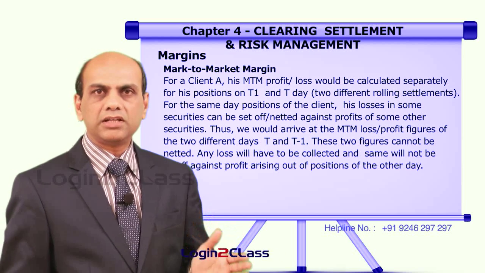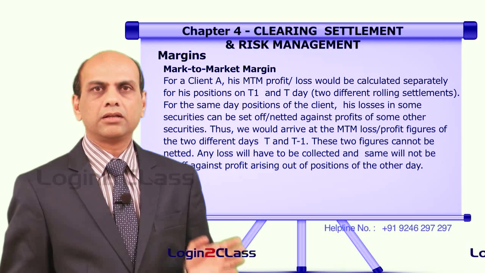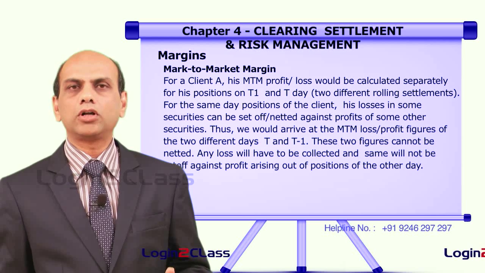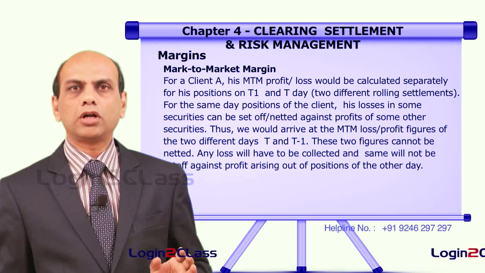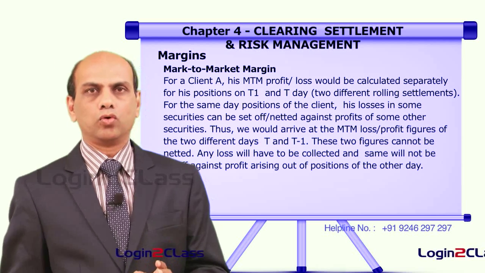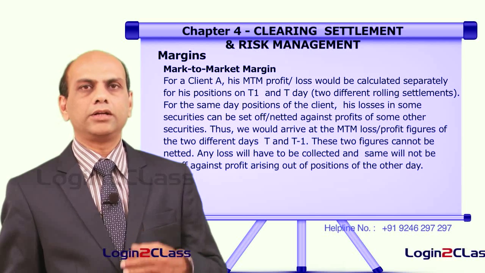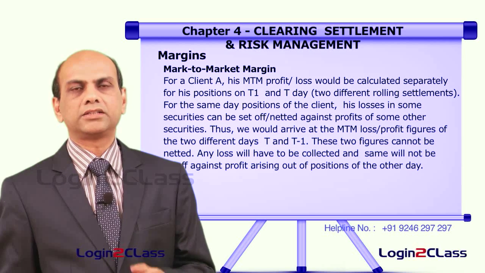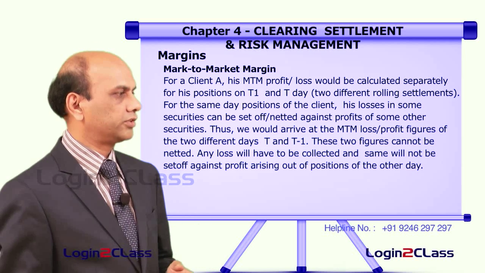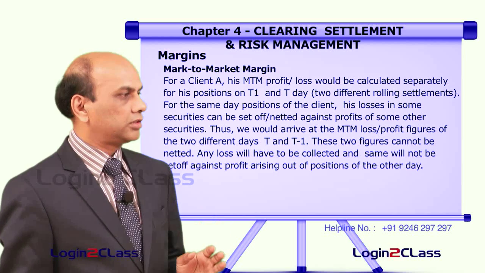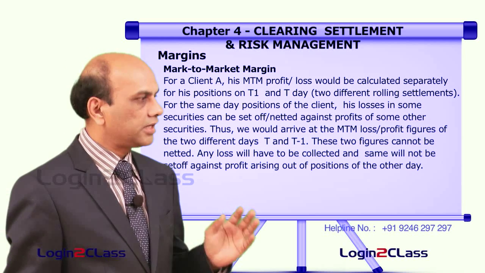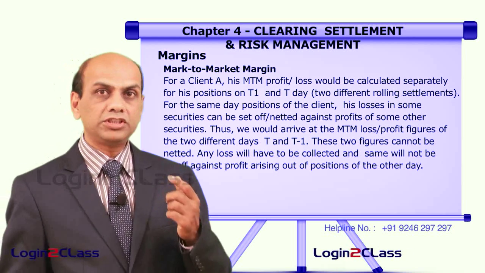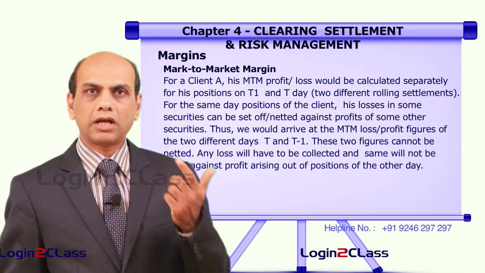That is, if there is a loss on T minus 1 day and there is a loss or profit on T day, both will not be adjusted. Both will not be taken into account in one go. Both will be treated separately and accordingly the MTM will be paid on two different settlement periods by the trading member to the exchanges. Any loss will have to be collected and the same will not be set off against profits arising out of the positions of the next day or the other day.